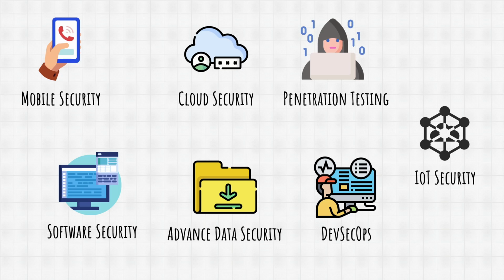Besides this, we also have something called advanced data security. Nowadays, data has become a primary target in many cybersecurity attacks, and more individuals and corporations are opting to spend more money and resources on securing their confidential data. Every day, there are more reports of data breaches where users' data is stolen by hackers, and this landscape is constantly changing.